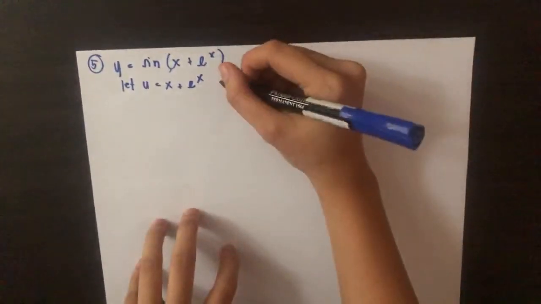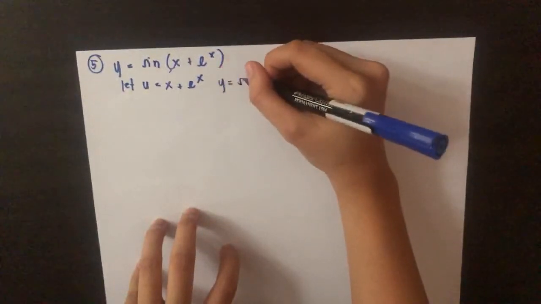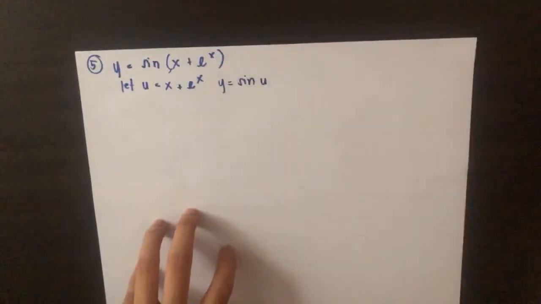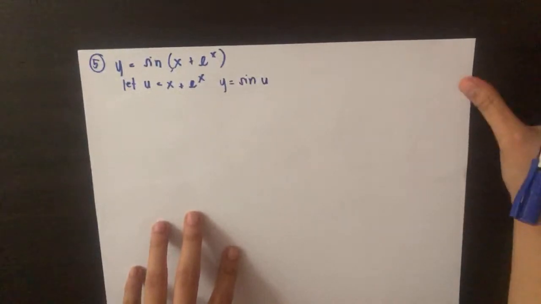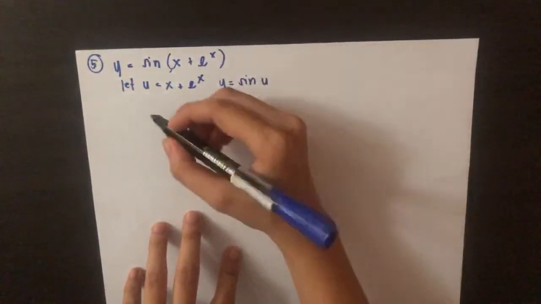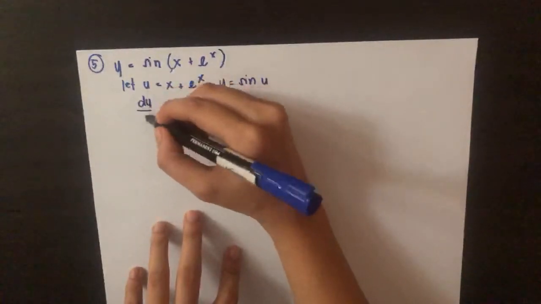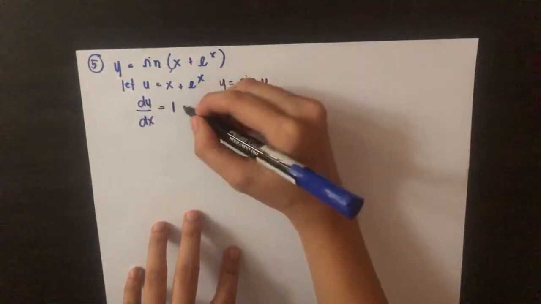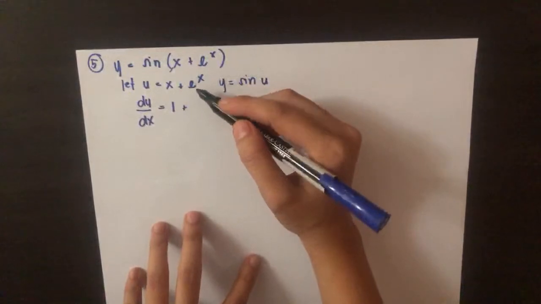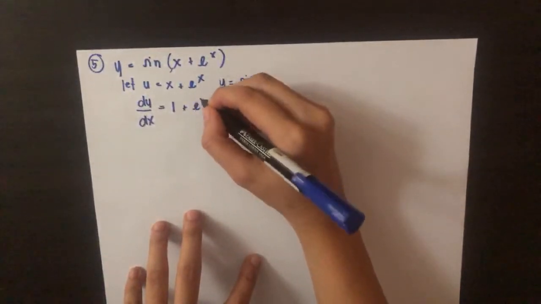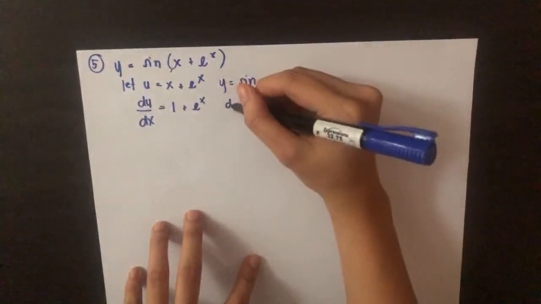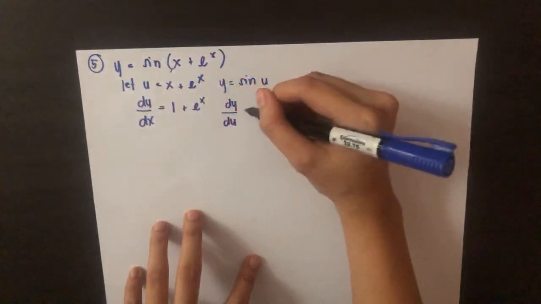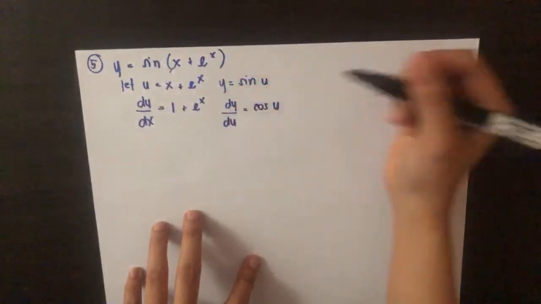So, our y is sine of u. The derivative of u with respect to x is 1 plus the derivative of e raised to x, which is e raised to x. The derivative of y with respect to u is cosine of u.